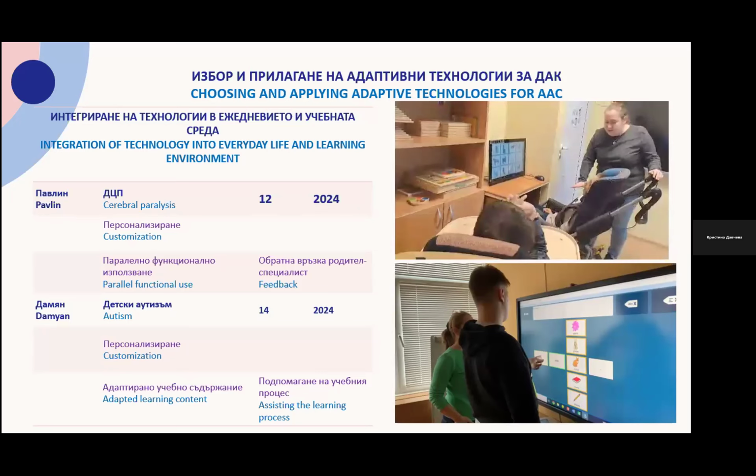He will continue to use AAC at home and school. You will now see, I will show you a video from this year where he is working with other kids in a group.